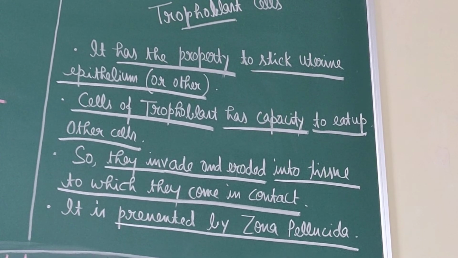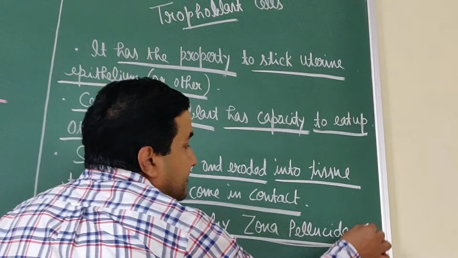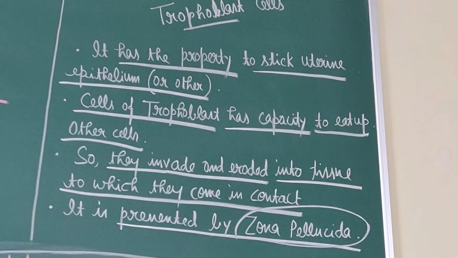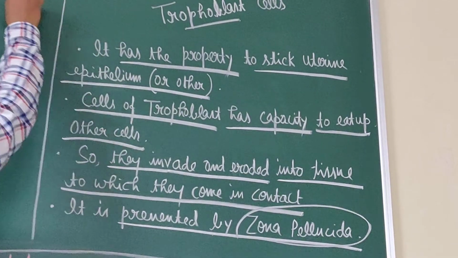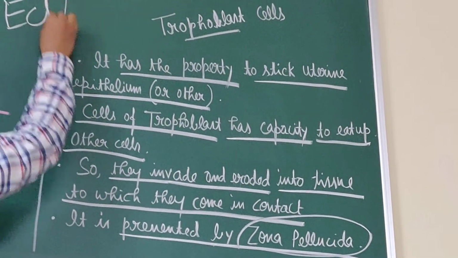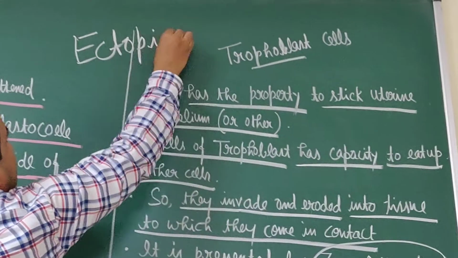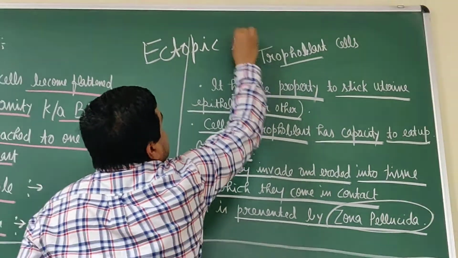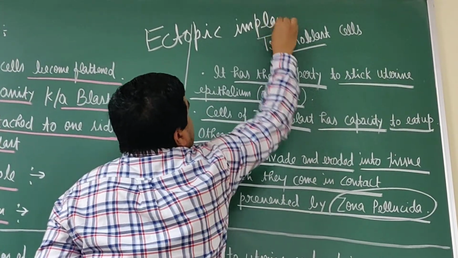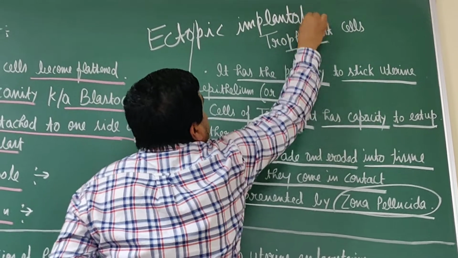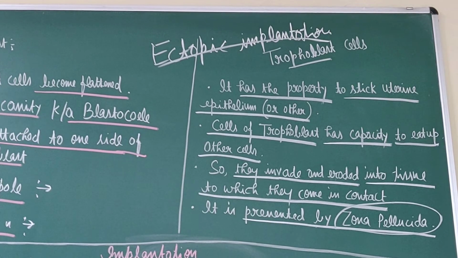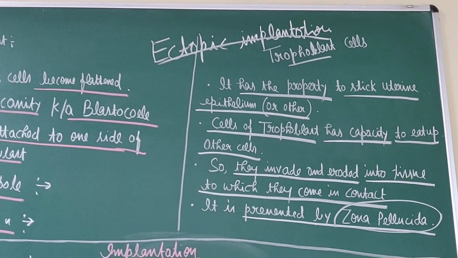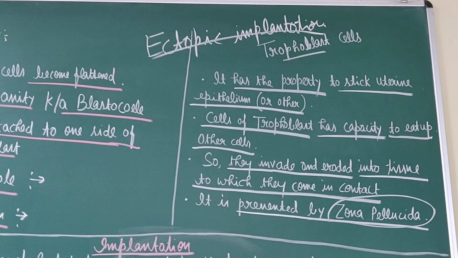If this zona pellucida disappears early, this leads to ectopic implantation of the blastocyst, which leads to ectopic pregnancy.